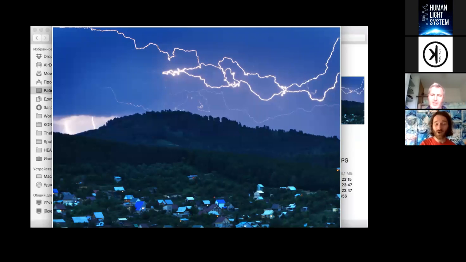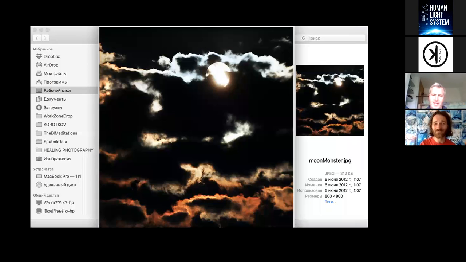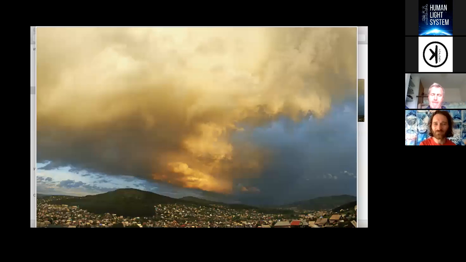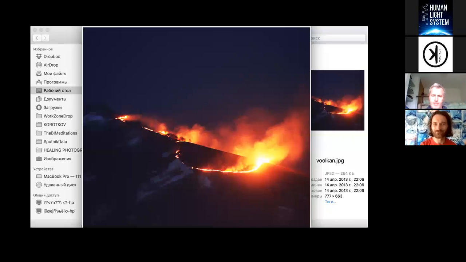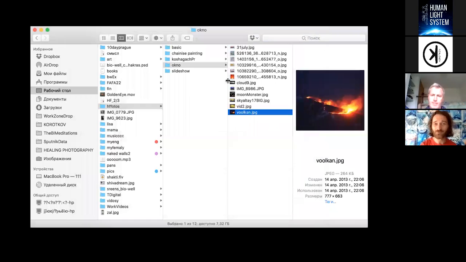Just from one window. And this too, it's the moon. I call this picture Moon Monster. I just have to wait, have to feel. Okay, it's just from one window.